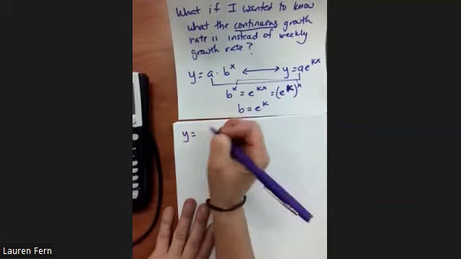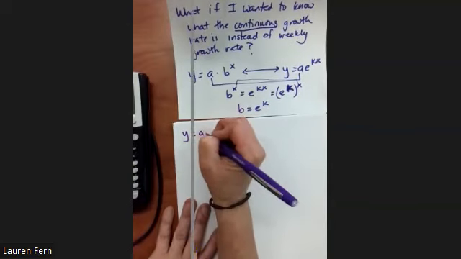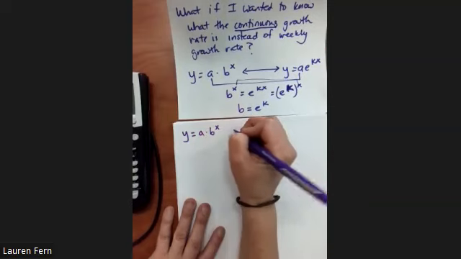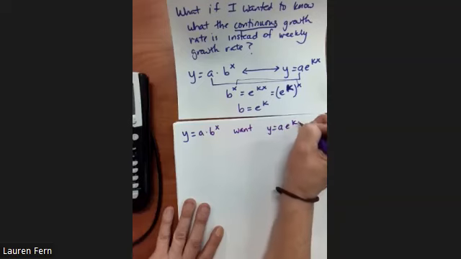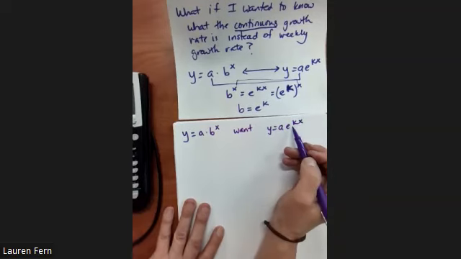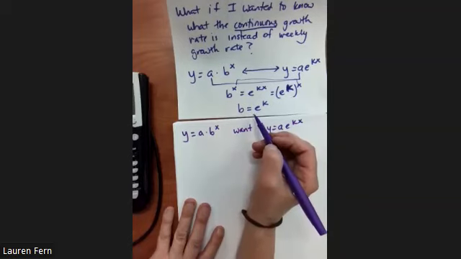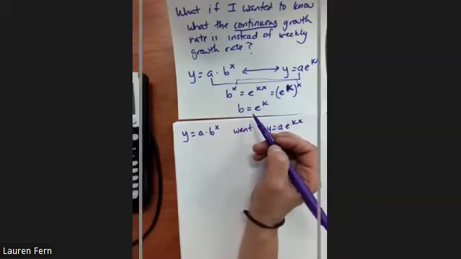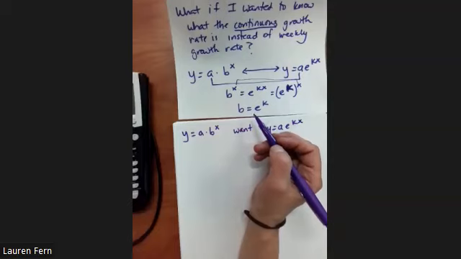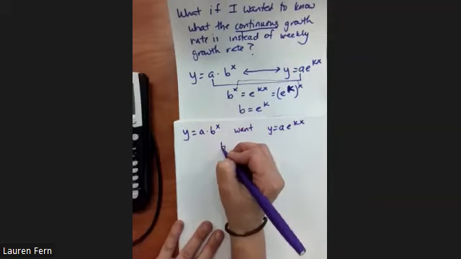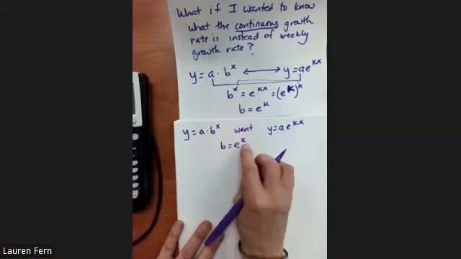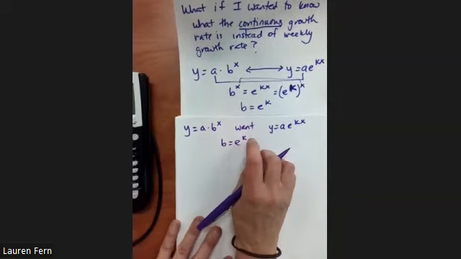In other words, if you're given a times b to the x and you want a e to the kx, notice what we need to find is k, don't we? Well, if I have b equals e to the k, how do I get to my k?